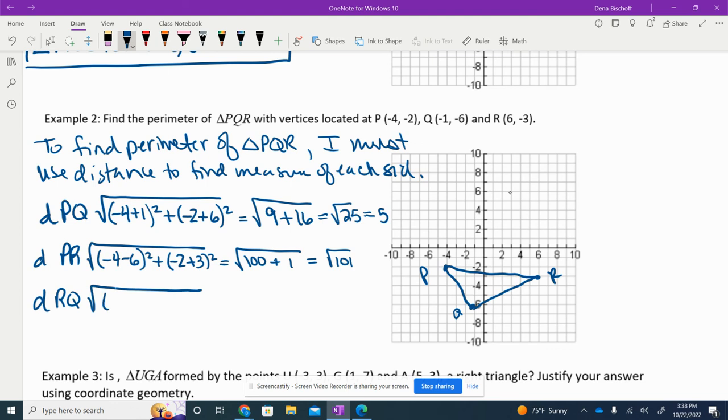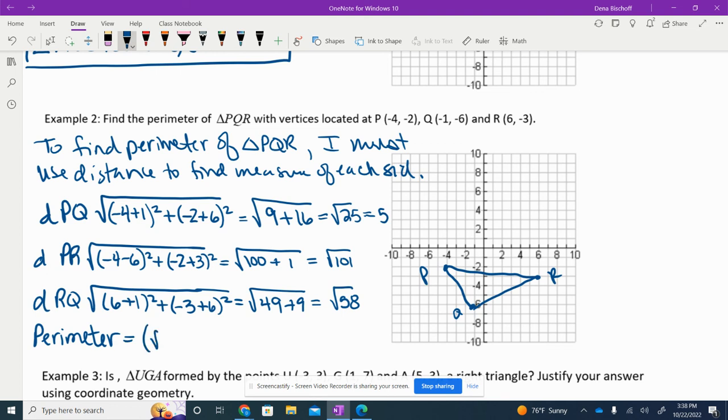So R is 6 minus a negative, which is +1, the quantity squared, and -3 minus a negative, which is +6, the quantity squared. So 6 plus 1 is 7, squared is 49. -3 plus 6 is 3, squared is 9, which equals the square root of 58. So the perimeter is the sum of all the sides.